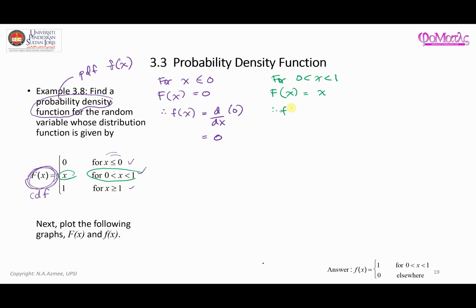Therefore, in order to get the PDF for that particular interval, we are going to differentiate this function here, which is just x. Differentiate that, and you will get the result equal to 1.